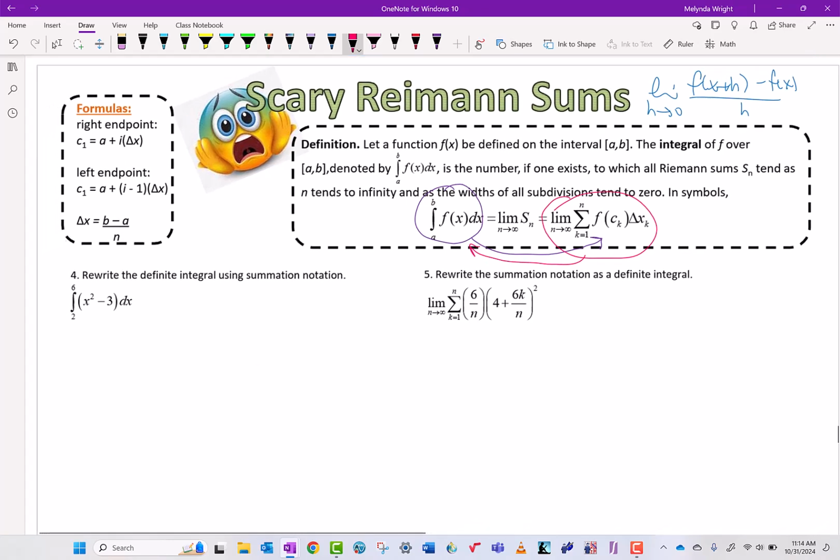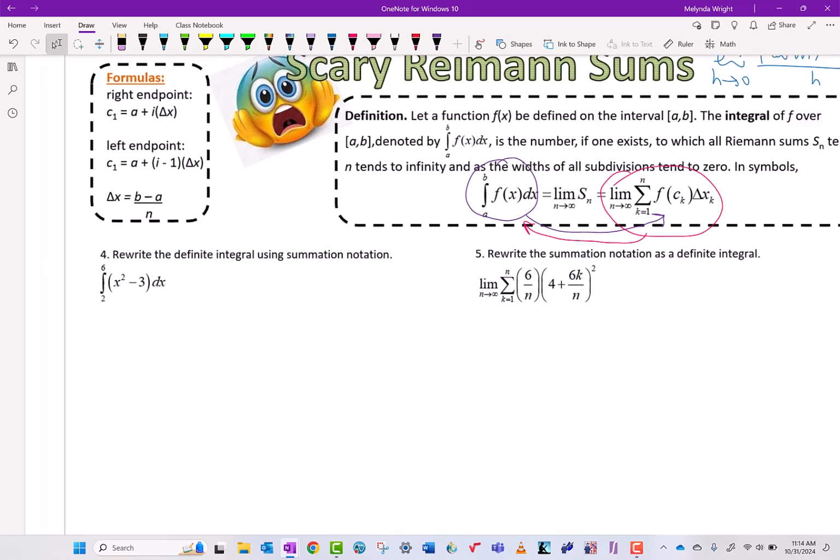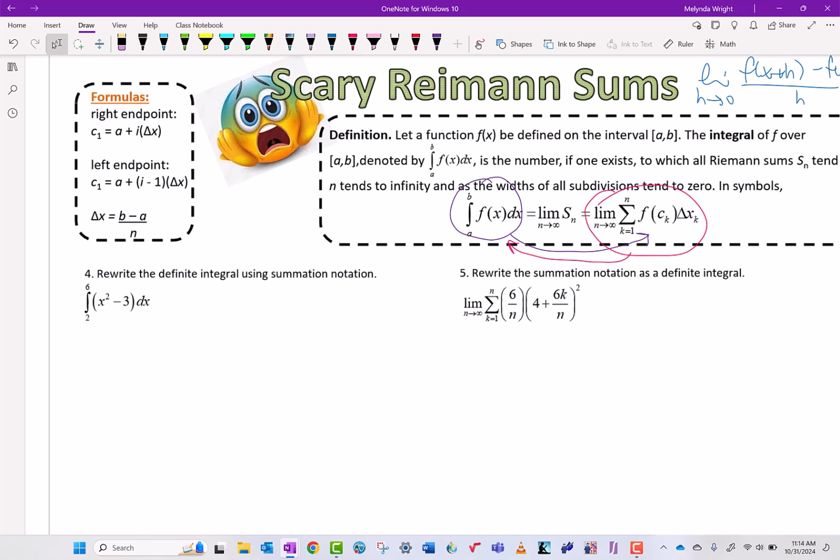Okay, good. So these are the formulas that we will need. If they don't tell us which endpoint, we'll just say this is the easiest one right here. This is the right endpoint, and this is what we would use if they didn't say. Now, I think the next example is using a left endpoint.